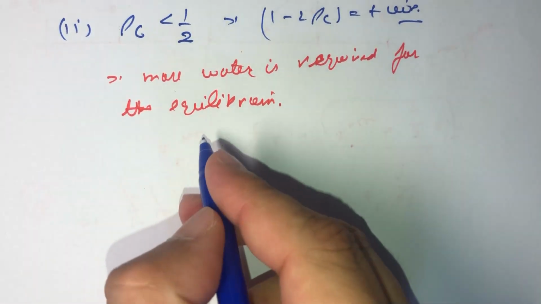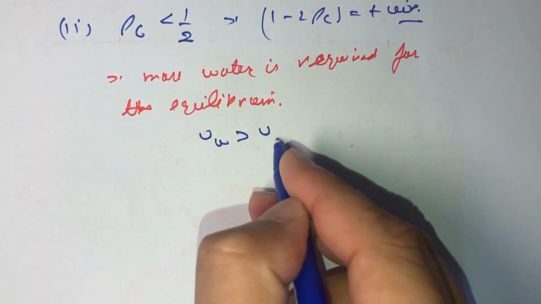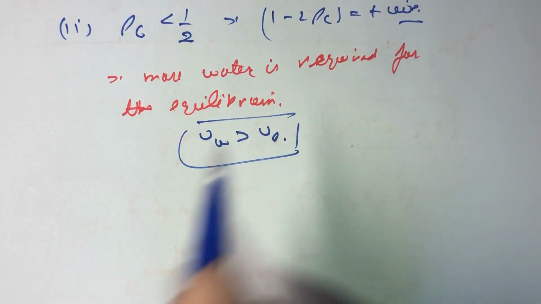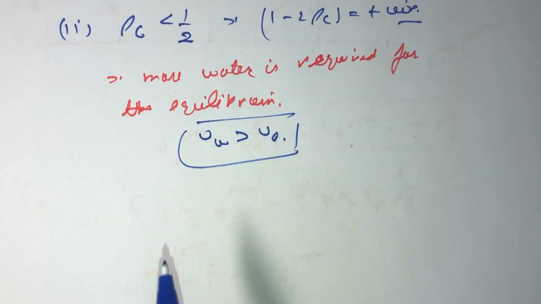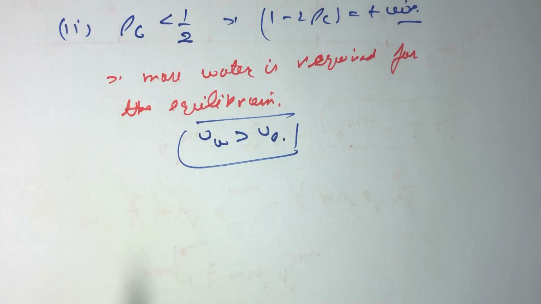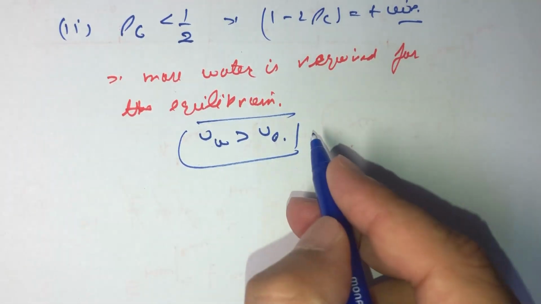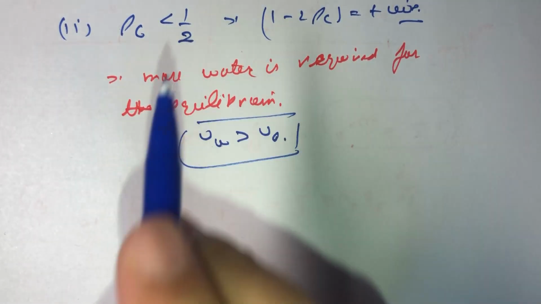Therefore VW is greater than VA. So once again we can say that option A is the correct option, which states that it should be more than half filled when rho c is less than 0.5.